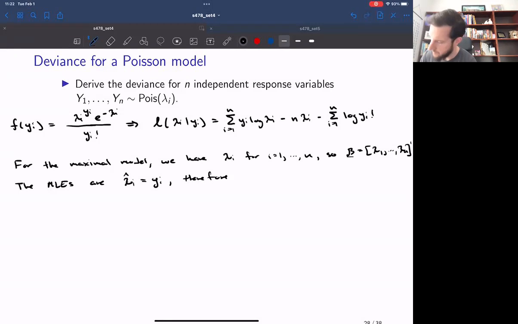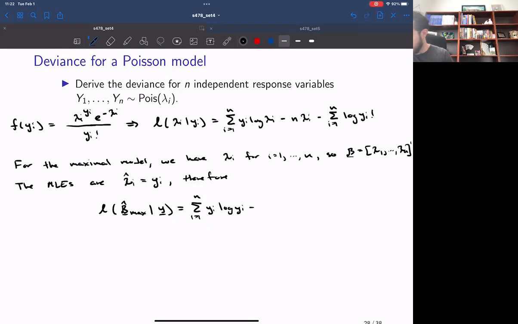Therefore, L of beta hat max given y is equal to the sum from i equals 1 to n of yi log yi minus the sum of yi, minus the sum i equals 1 to n of log yi factorial. I'll put the sum back in here because it's more consistent.